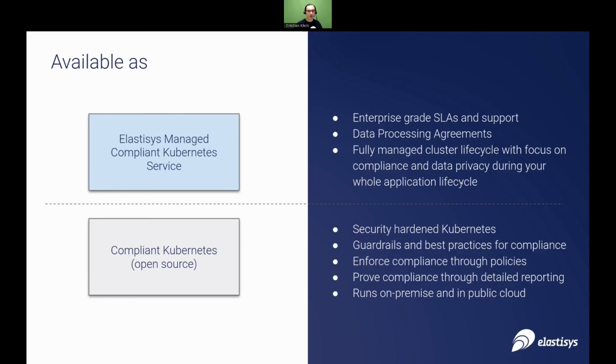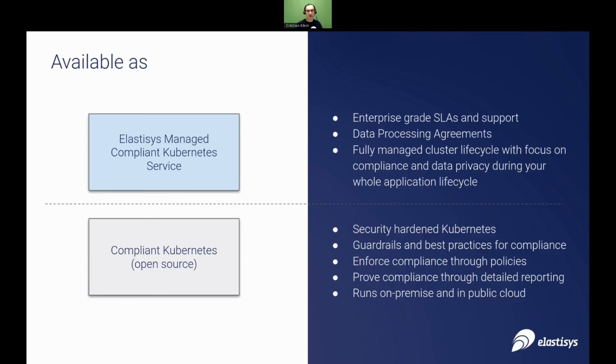So in order to allow you to focus on your primary mission, Elastisys also offers Compliant Kubernetes as a managed service. And we, of course, offer enterprise-grade SLAs. And we are very happy to sign data processing agreements. For those who are unfamiliar with what this means, it's basically a contract mandated by GDPR between our customers and a Kubernetes provider.